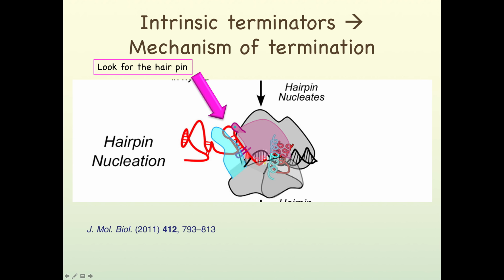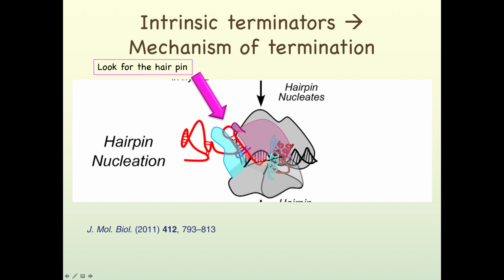Here, just upstream of the hybrid is where the palindrome occurs, and what happens is that eventually this sequence allows a stem to form within the exit channel, and this is a very, very stable structure.